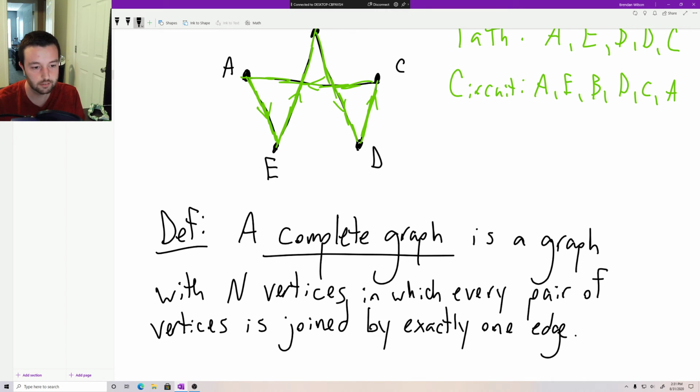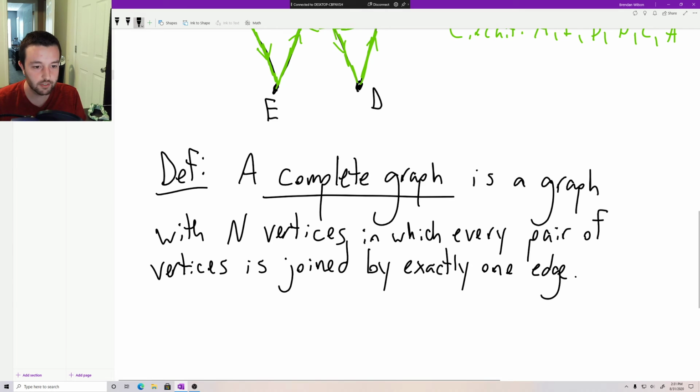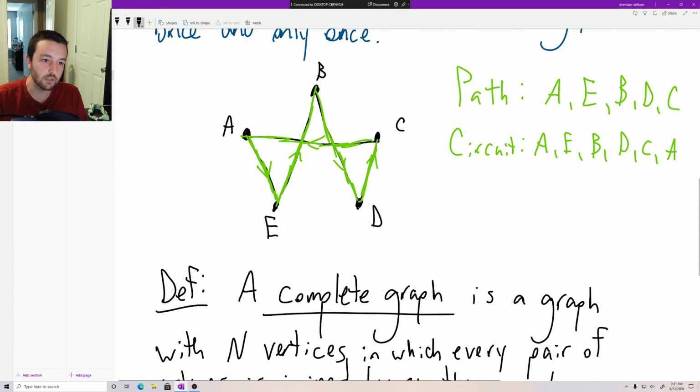And that's it, actually. So if we went back up to this one, is this the case? Well, A and C are only joined by AC, A and E are only joined by AE, etc.